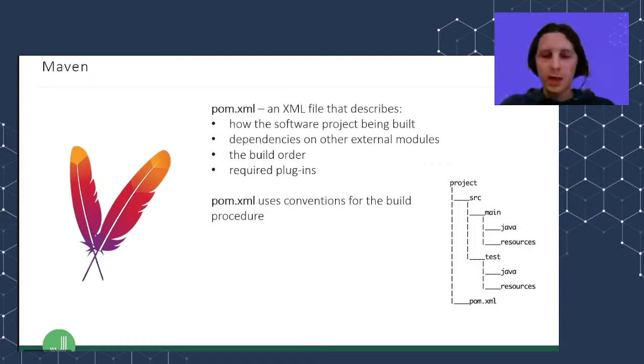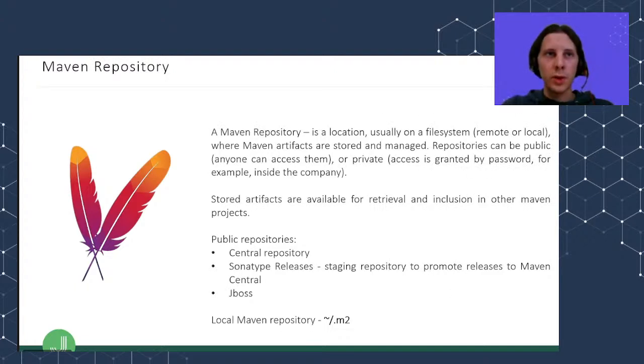Okay, let's talk a bit about Maven repository. As I said, for you to import some library into your project, this library should be found in the Maven repository. Repository is a location, usually a file system. It can be remote or local, where Maven artifacts are stored and managed.